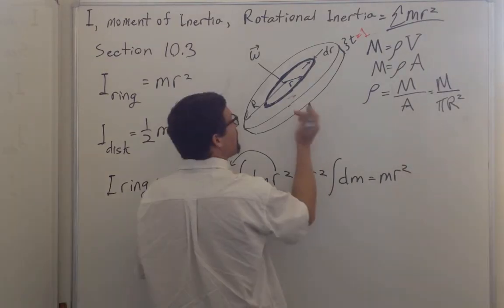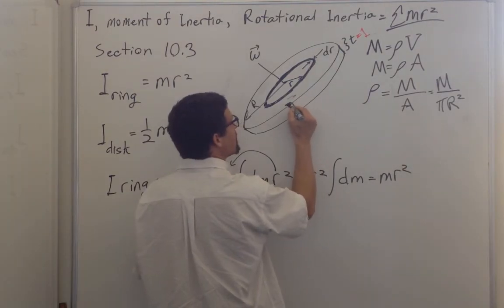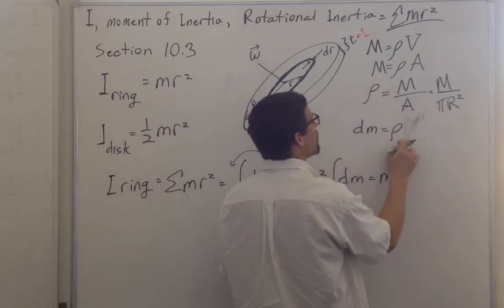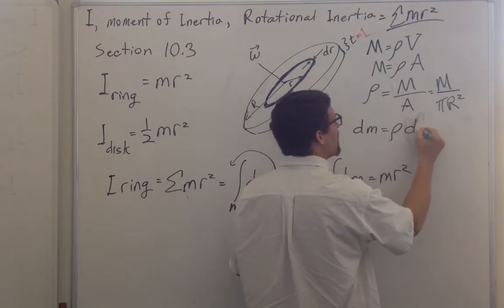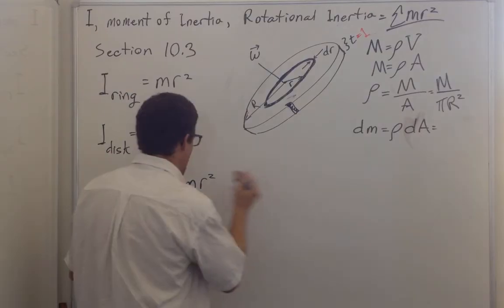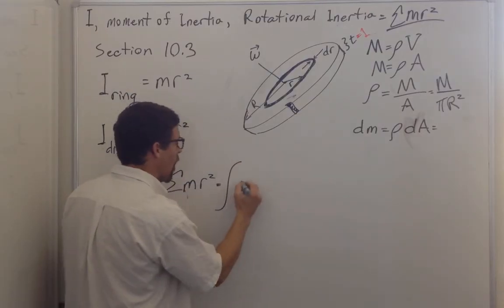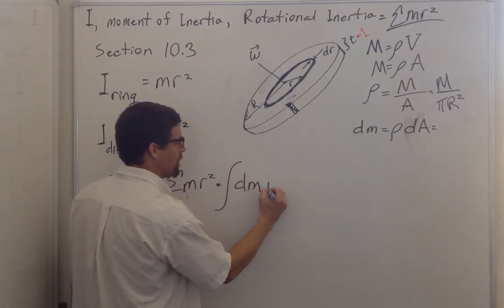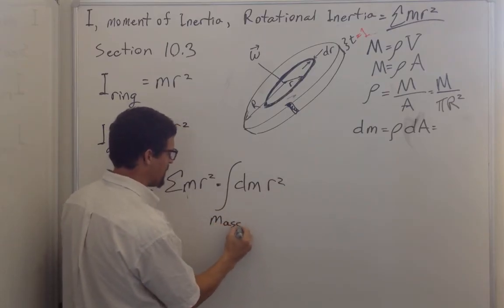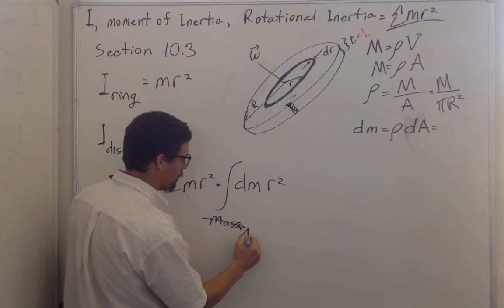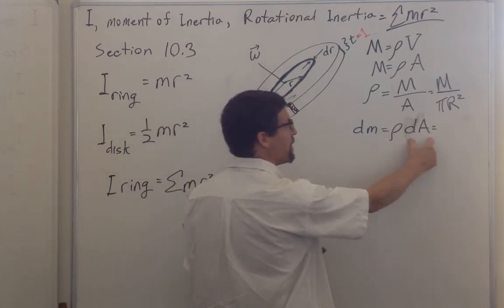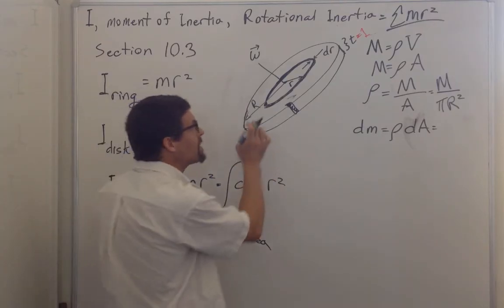So now, if I want to look at a little chunk of mass, for instance, on the disk, I can say the little bit of mass is just equal to rho times the little bit of area. So the plan is to go back to here and to integrate over all the little bits of dm times r squared, and we're going to integrate it over the whole mass, but that's going to change to integrate it over the whole area because I've transferred my little bit of mass to a little bit of area. So what's a convenient area to use?